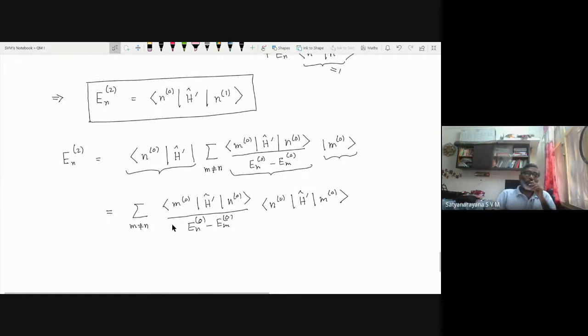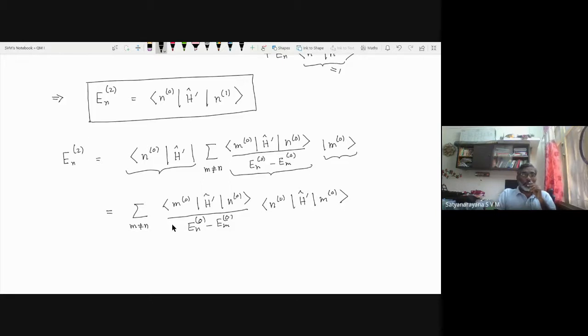Now you see this interesting thing. This is M0 H prime N0, and this is N0 H prime M0. What can we say about this? One should be the complex conjugate of the other, correct?